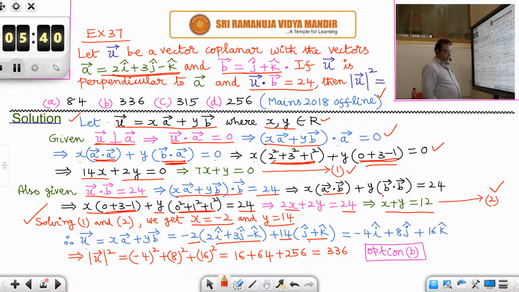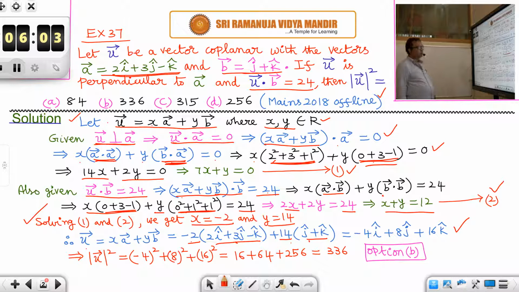For j, minus 6 plus 14, that is the coefficient of j cap, so that is 8. Next, k: 2 plus 14 is 16. So you will get this vector, that is u bar.